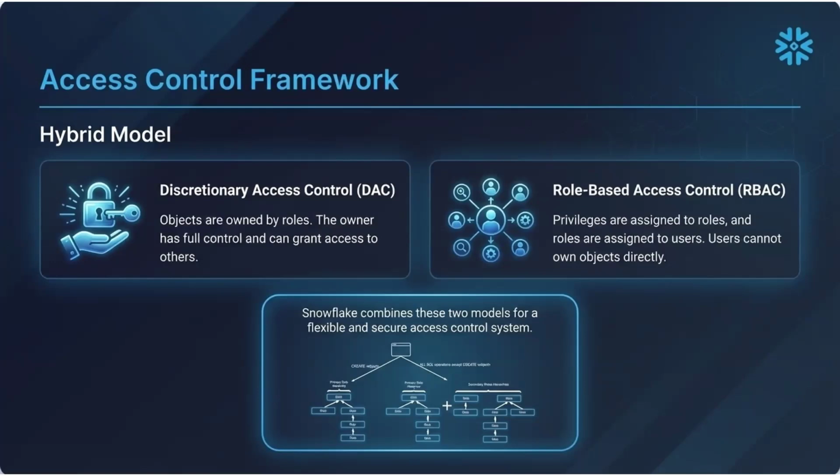The second one is role-based access control, where the privileges are assigned to the roles, and whoever has that role, that particular user can access that particular object using that privilege. So users will not have direct ownership of the objects when they are using role-based access control. But in case of DAC, the user will have full control over the object, and he can grant access to that particular object to others also.